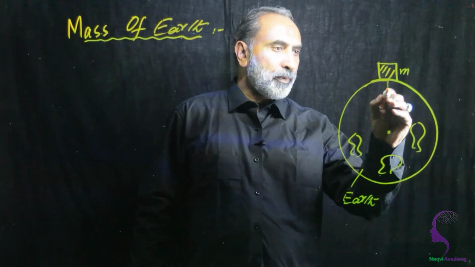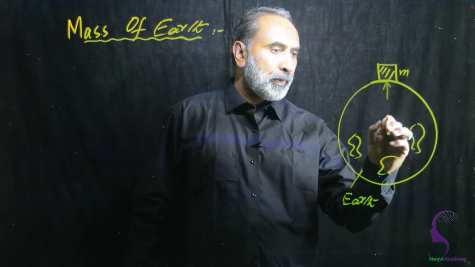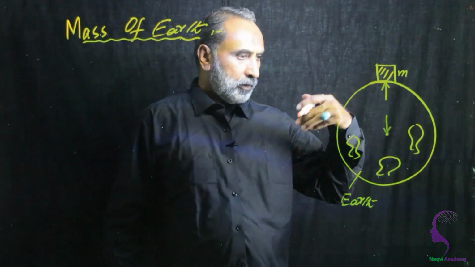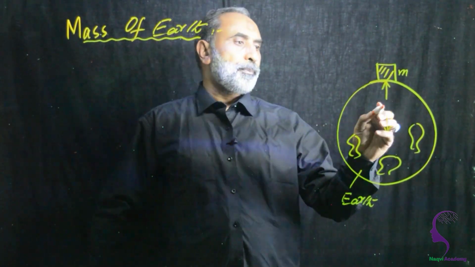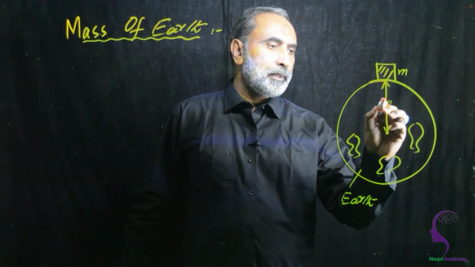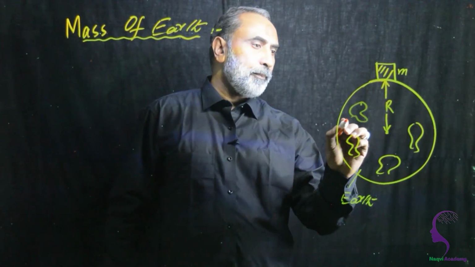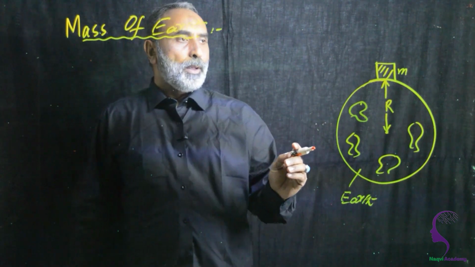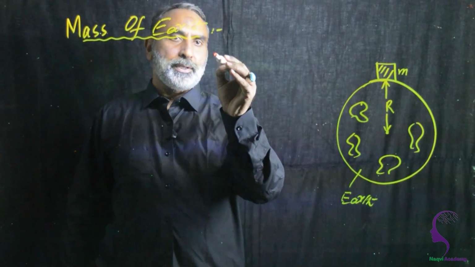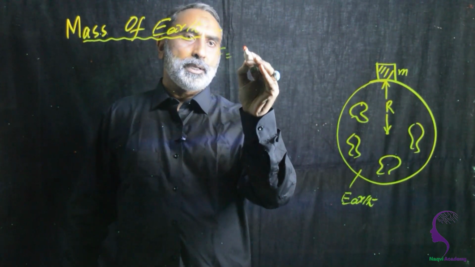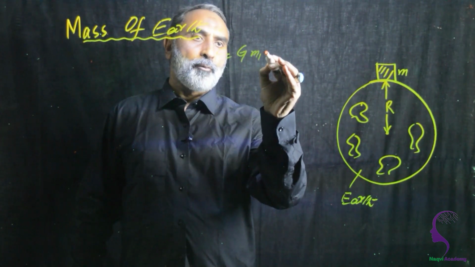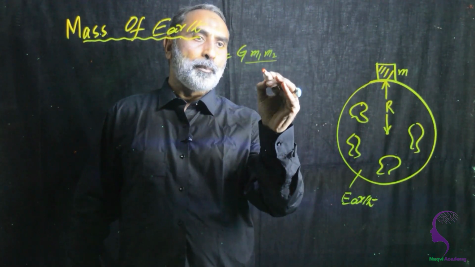The distance between the small body and Earth is r. So according to Newton's law of gravitation, its force becomes G m1 m2 by d square.